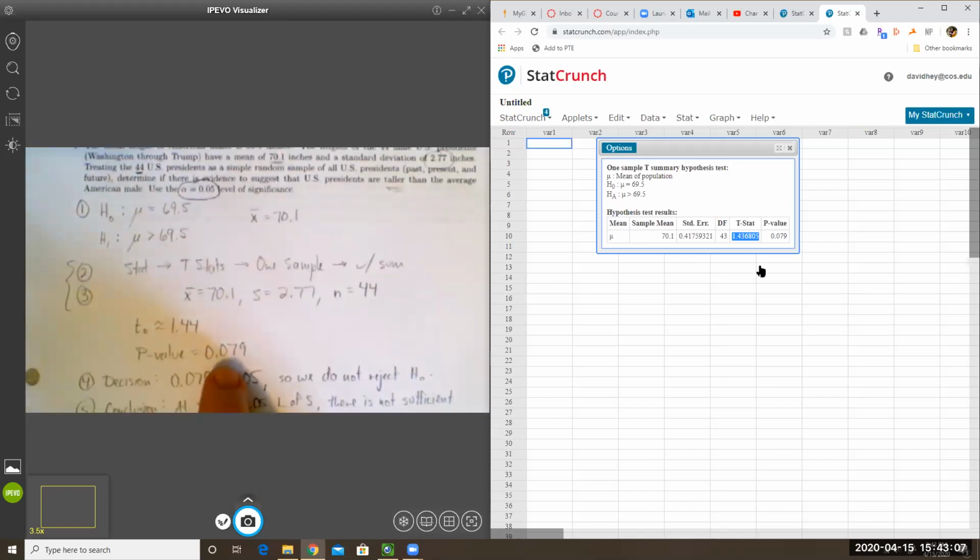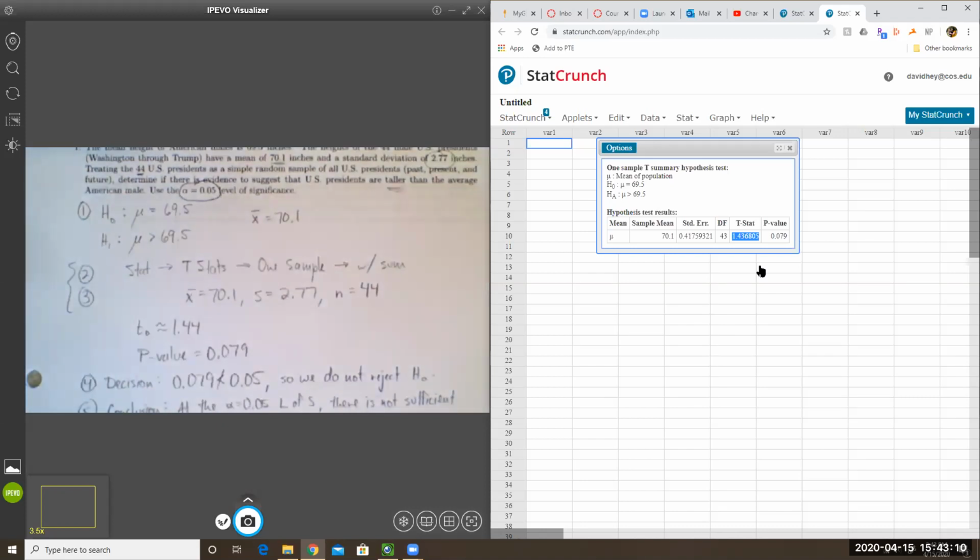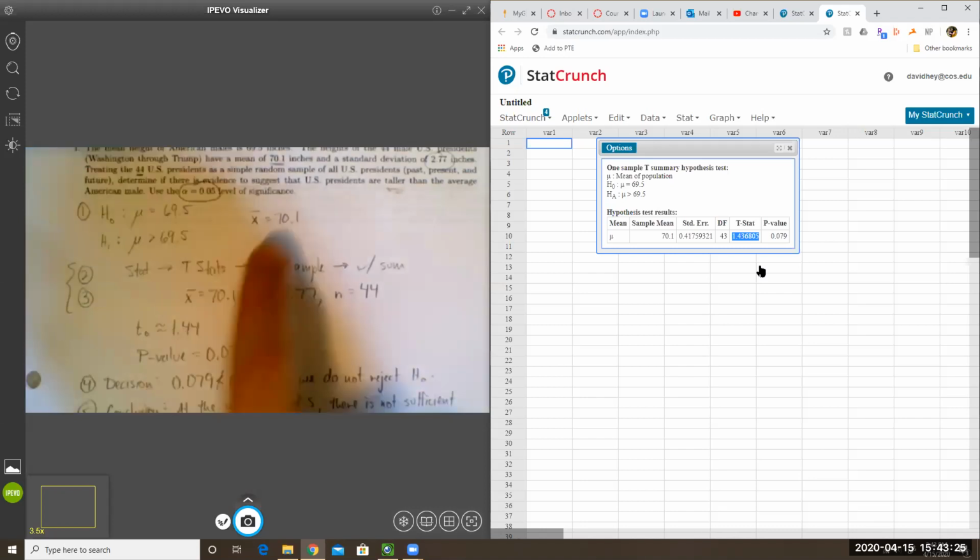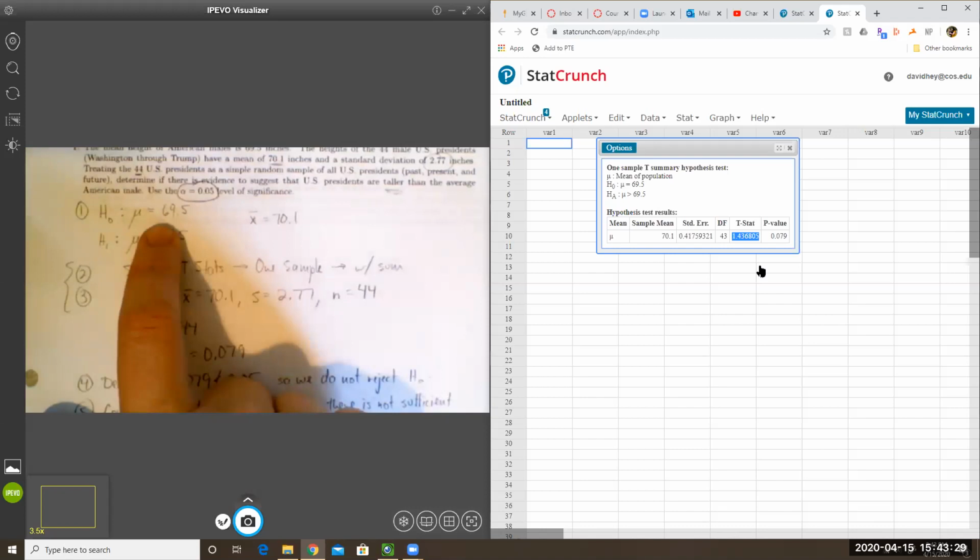A word about the p-value. We talked about the p-value in 10.1. We talked about it again in 10.2, and I really emphasized that it's an important concept. So let's remind ourselves, the p-value here is the probability that we would get this sample statistic if in fact this were the true population mean.